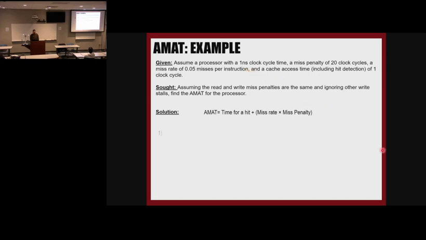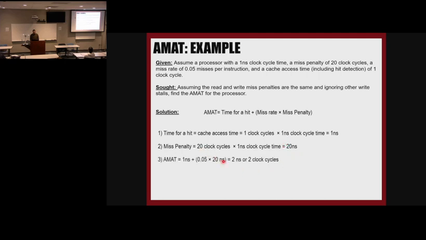So we can solve this in terms of nanoseconds by converting everything to time. Time for a hit is 1 nanosecond, miss penalty is 20 nanoseconds, right? And then we have an AMAT of 2 nanoseconds or 2 clock cycles. Okay, so this is how we calculate AMAT if you have all that information.